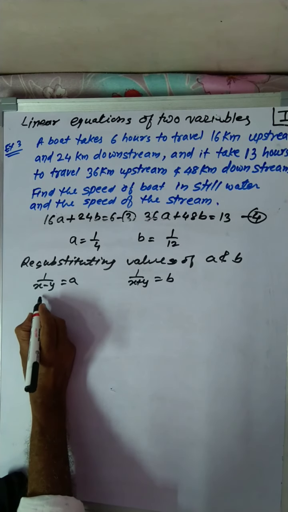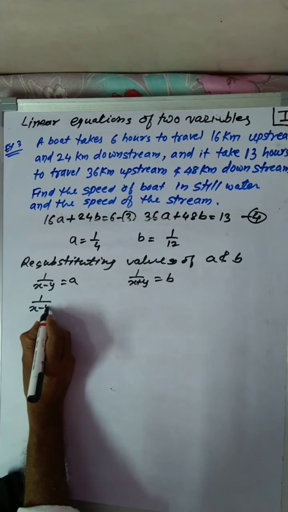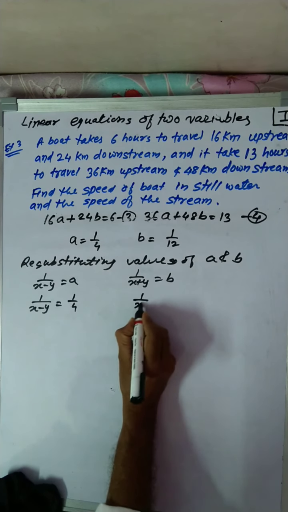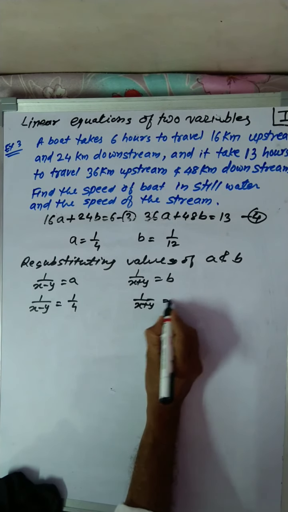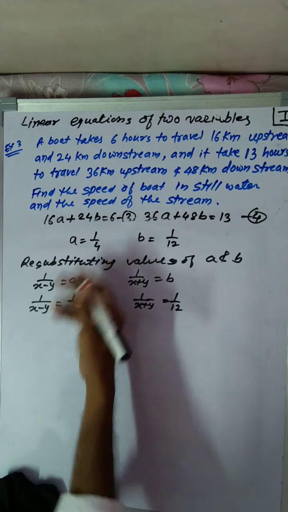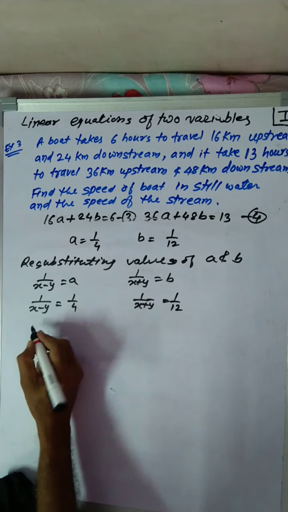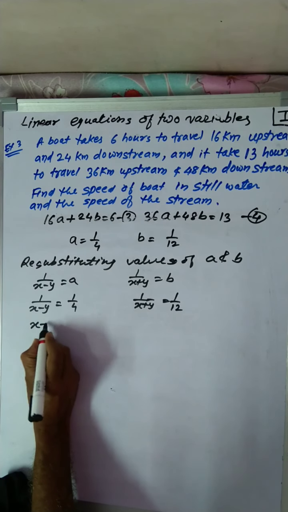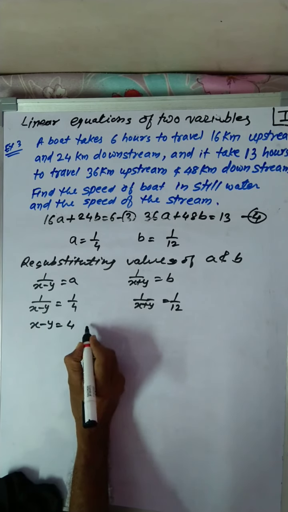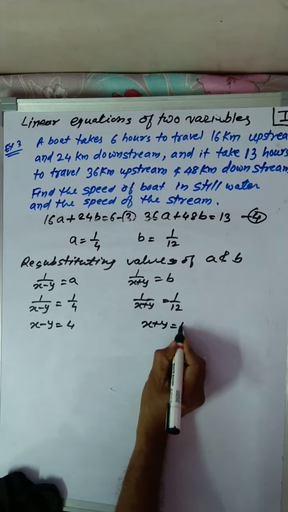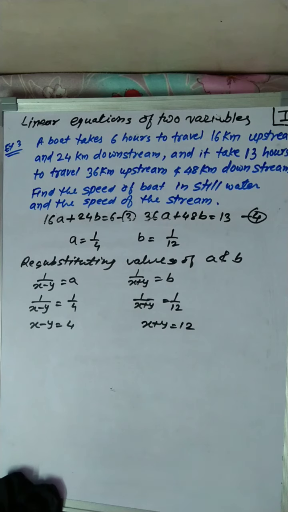That means 1 upon x minus y is equal to 1 upon 4 and 1 upon x plus y is equal to 1 upon 12. Interchanging the denominator and numerator, we get x minus y is equal to 4 and x plus y is equal to 12.